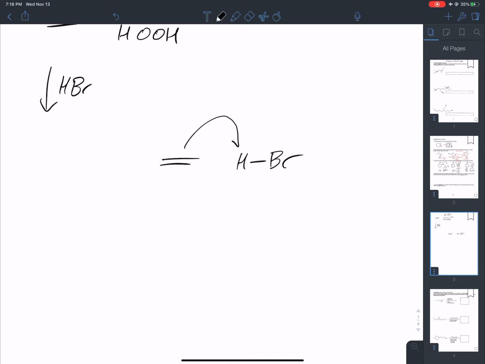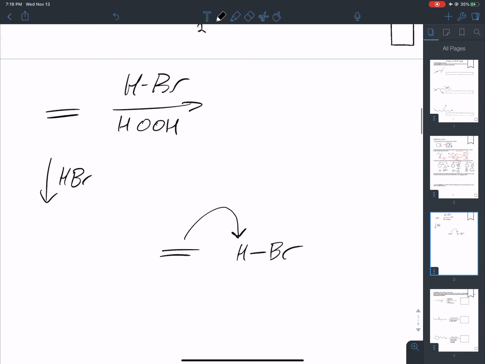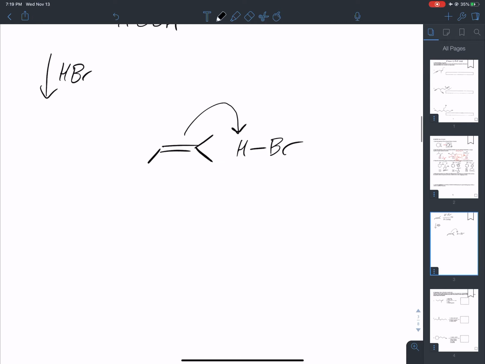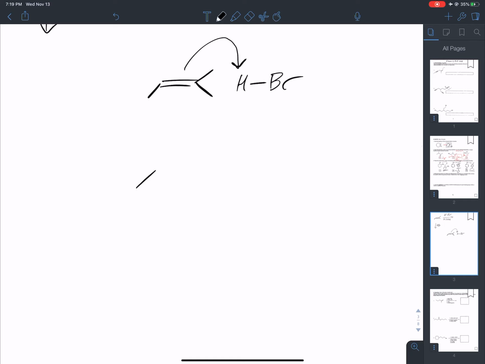So this double bond is going to grab, I used a bad example of an alkene. Let's put 2 R groups here, 1 R group here. It's going to go ahead and grab a hydrogen. We have now 2 options. We can put the hydrogen here, say on carbon A, and leave the positive charge at carbon B. Otherwise, we could put the hydrogen in carbon B, which leaves the positive charge on A. Which one will we choose?